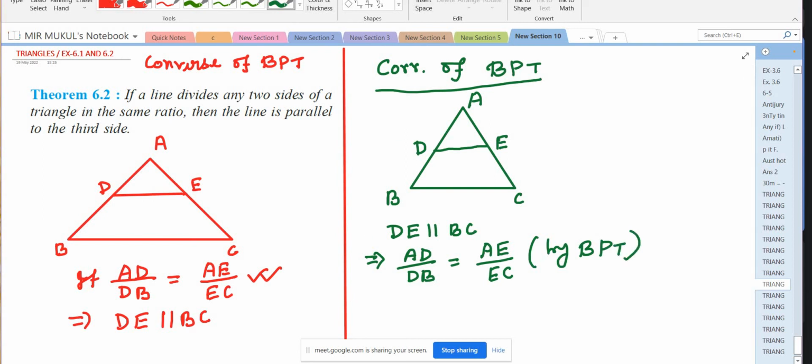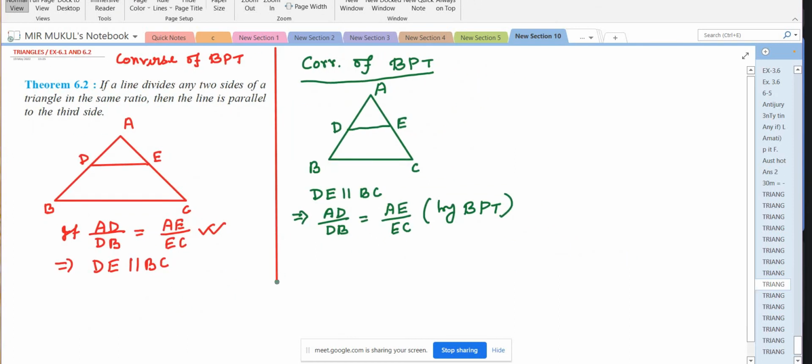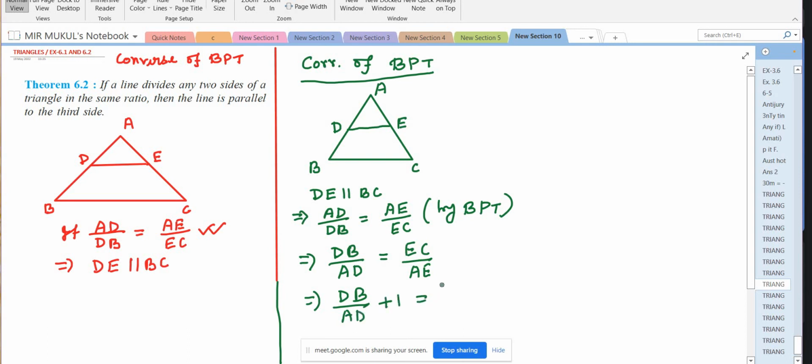Okay, now take the reciprocal on both sides. So we can write DB by AD equals EC by AE. Now add 1 to both sides: DB by AD plus 1 on this side, and EC by AE plus 1 on this side also. Now take LCM.